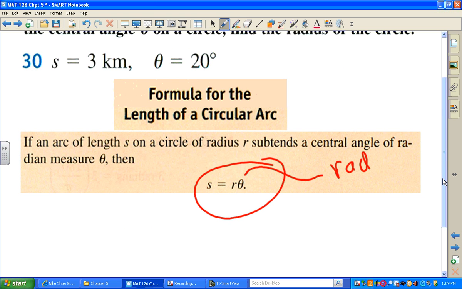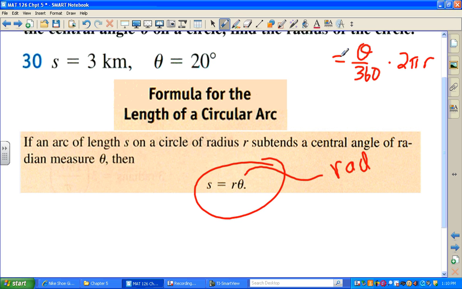You found the circumference by taking 2 pi r and multiplying it by the fraction. That's what this is, only a different way. You guys remember that, right? You had theta over 360 times 2 pi r for the old arc length.